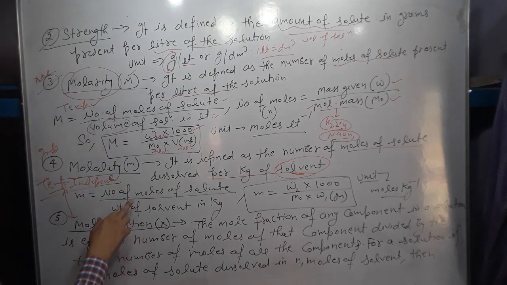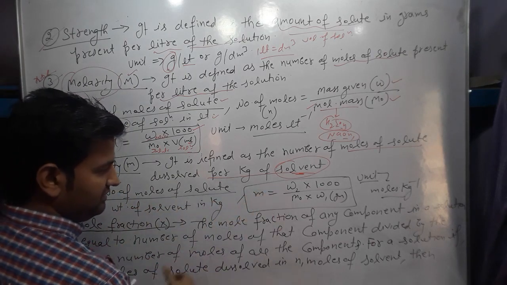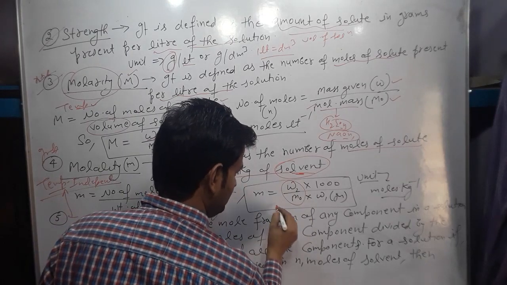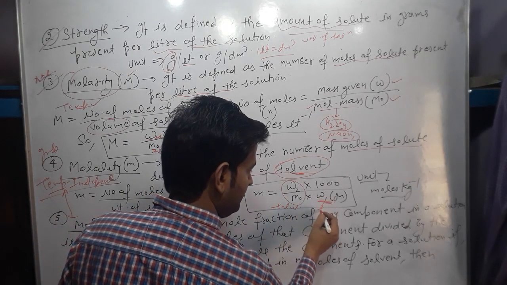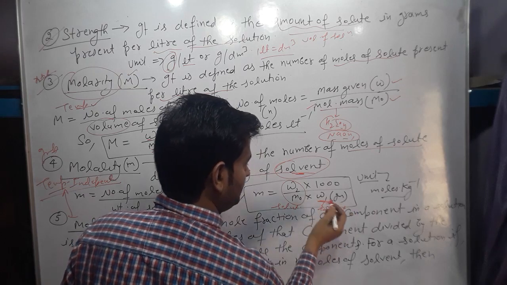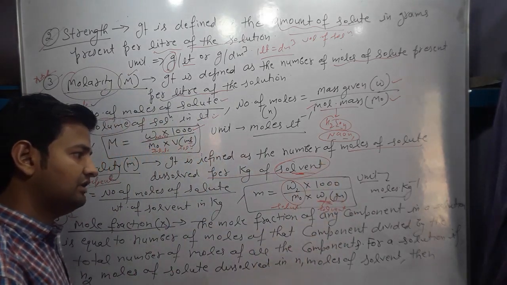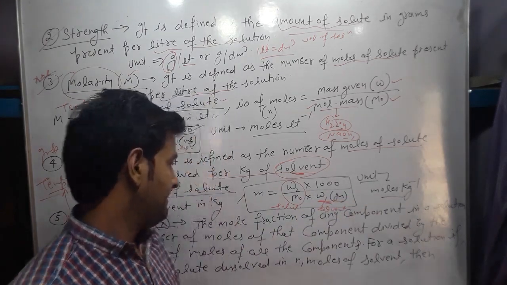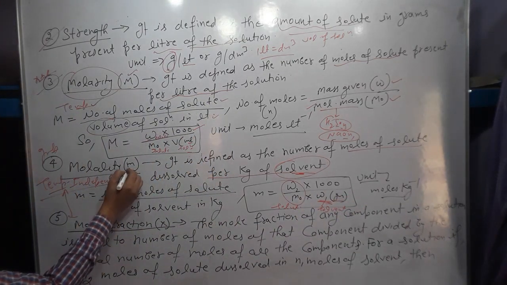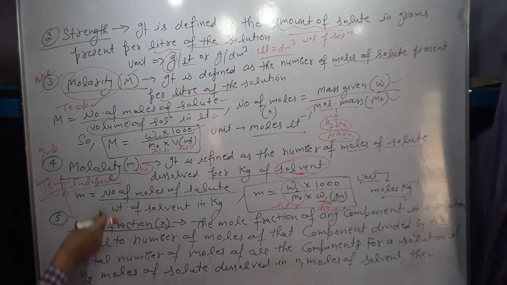We can calculate the number of moles by mass of solute by molar mass of solute. These terms are related to the solute, and this is for the mass of solvent. Note, if it is the mass of solvent in gram, then it can be converted into kilogram. So the unit of molality is moles per kilogram. It is represented by small m, and molarity is represented by capital M.